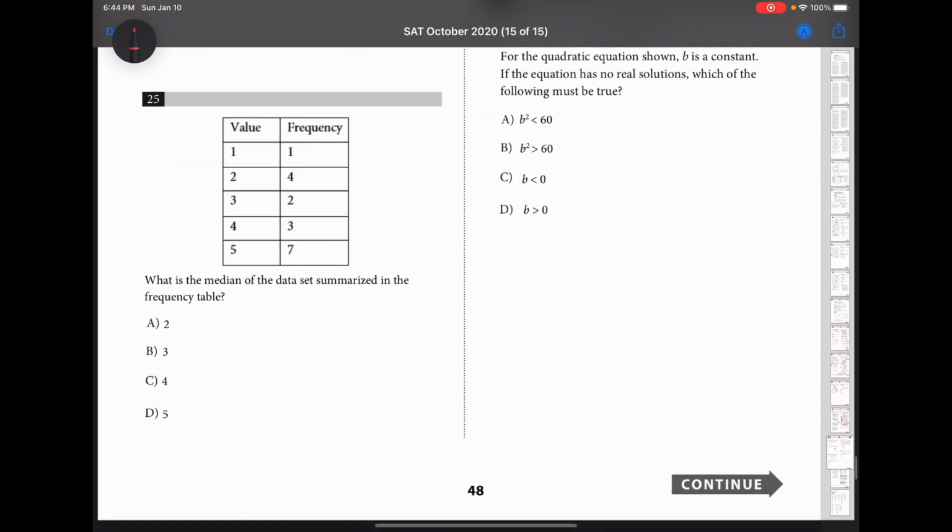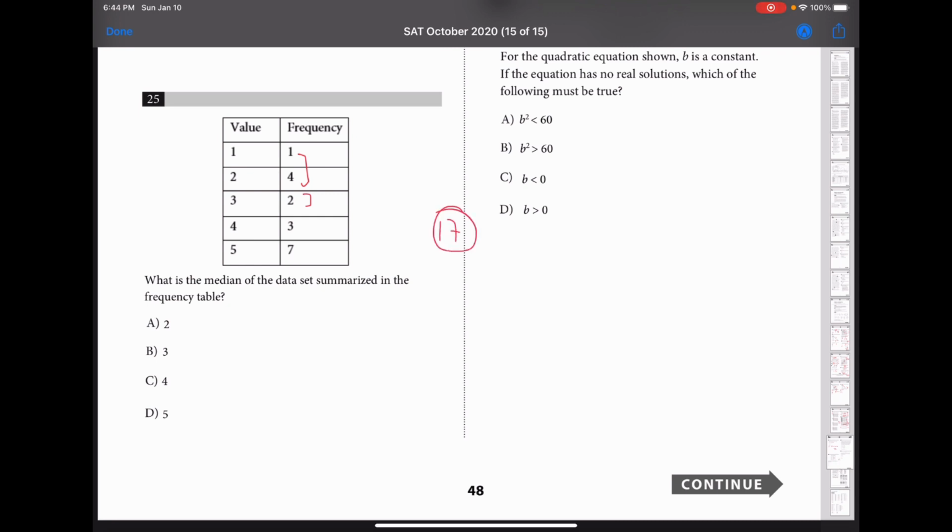25. What is the median of the data set summarized in the frequency table? To find the median, we look at the frequency. How many numbers do we have? 1 plus 4 is 5, 5 plus 2 is 7, 7 plus 3 is 10, 10 plus 7 is 17 numbers.